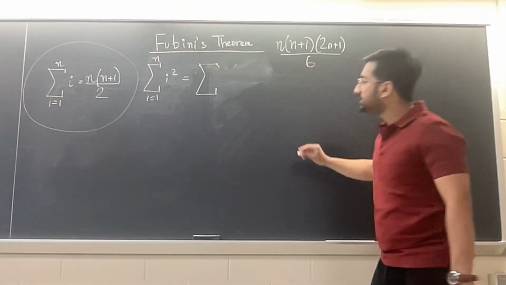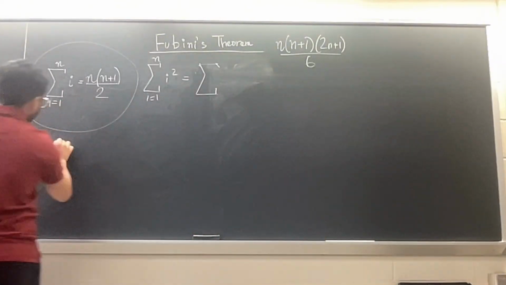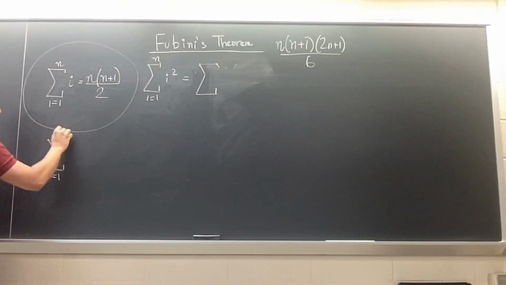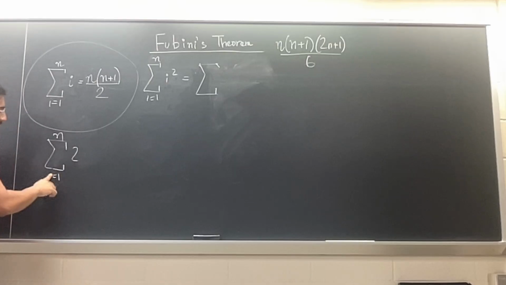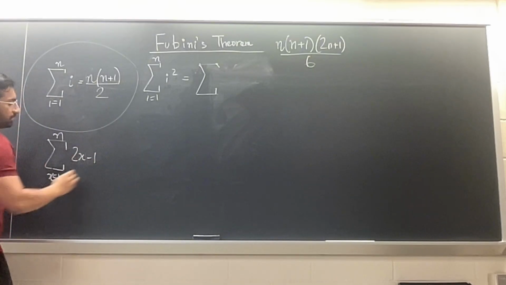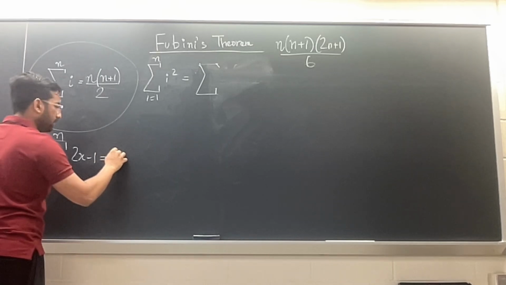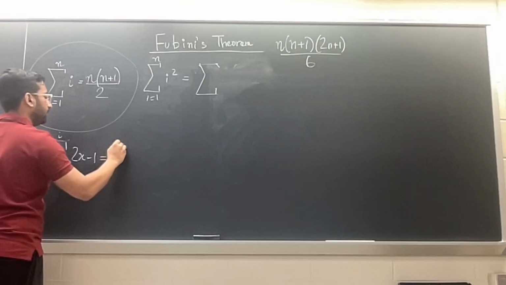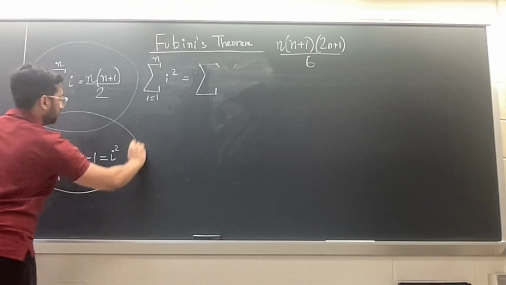So we are using this result here, let me write it down: the summation of x from 1 to i of the odd terms, 2x minus 1, is i squared. That's an odd term summation.